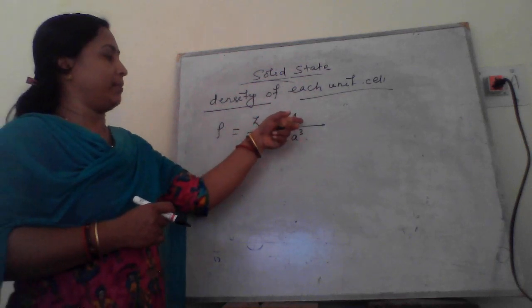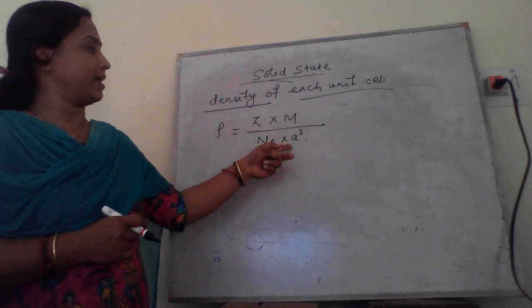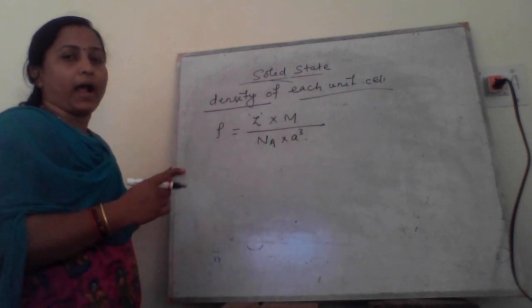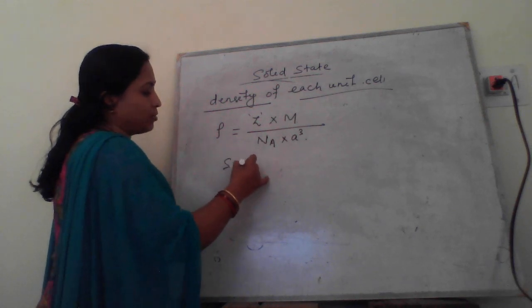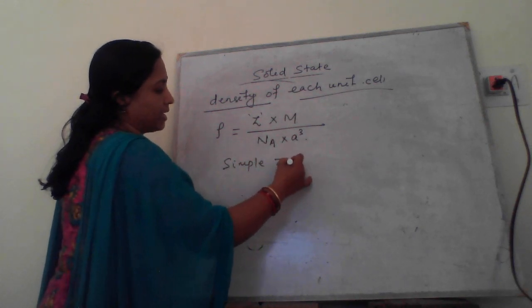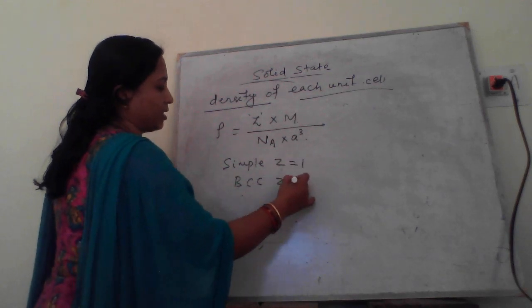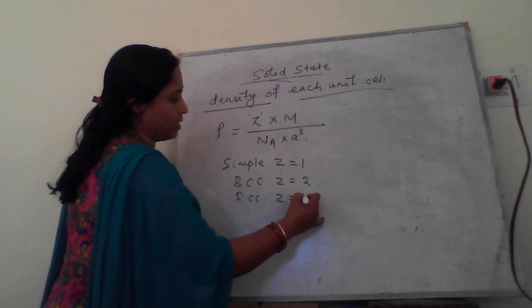Z into M by N_A into a cubed. So what is Z here? Z is the number of atoms per unit cell. So for simple, we have to put Z as 1. For BCC, Z is equal to 2, and for FCC, Z is equal to 4.